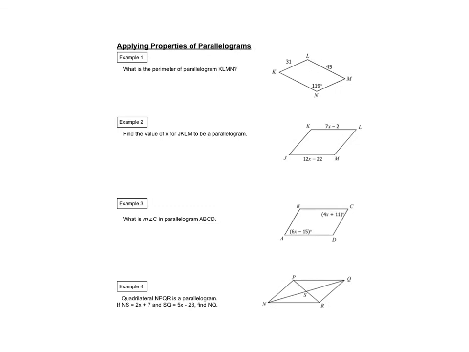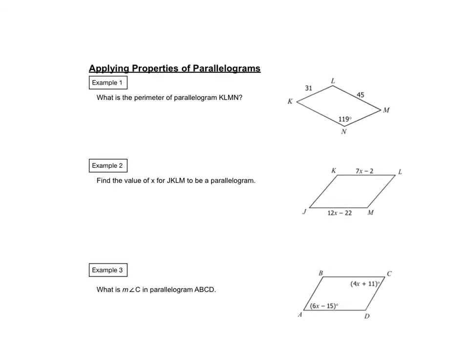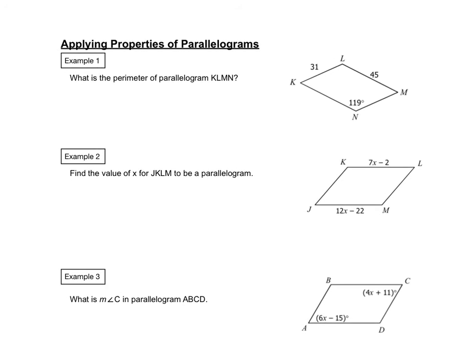So looking at some examples here, applying properties of parallelograms. In example number 1, it says, what is the perimeter of parallelogram KLMN? We have KLMN, and if it's a parallelogram, then we know that opposite sides are congruent. So if LM is 45, I know that KN is going to be 45.